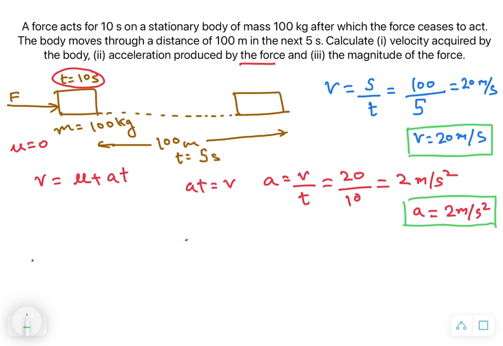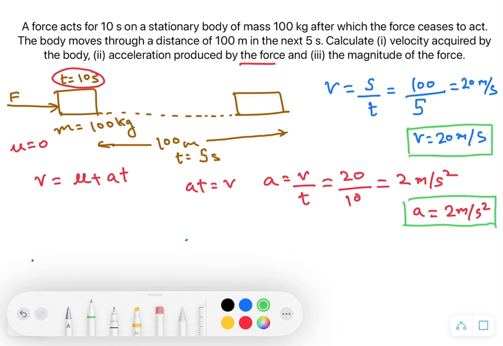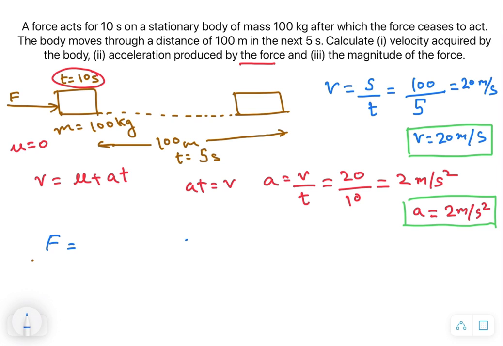Now we need to find the magnitude of the force. Now the magnitude of force can be calculated using the Newton's second law. Force is the product of mass and acceleration.